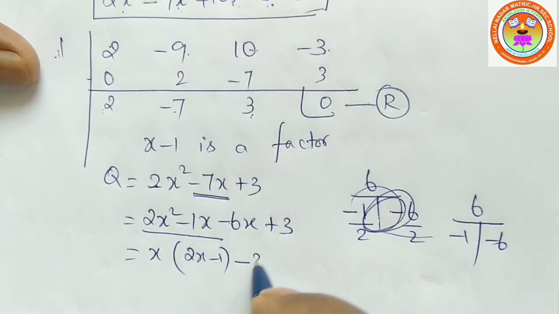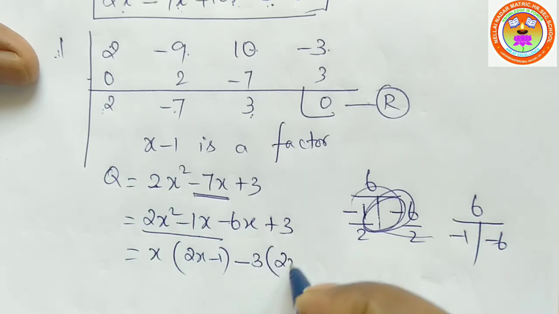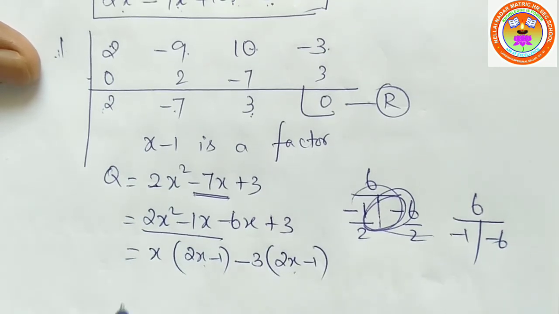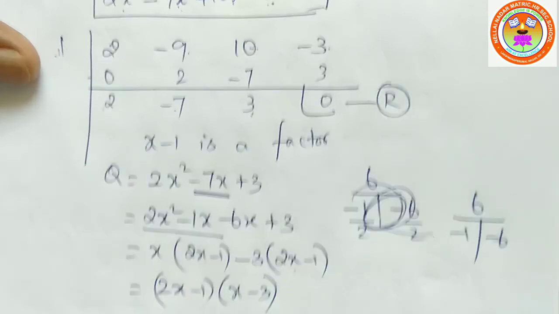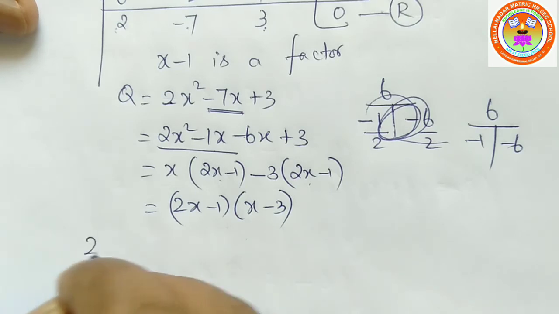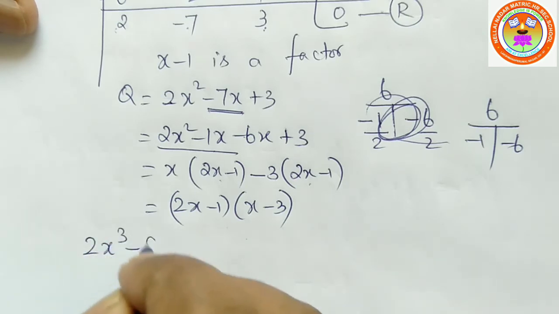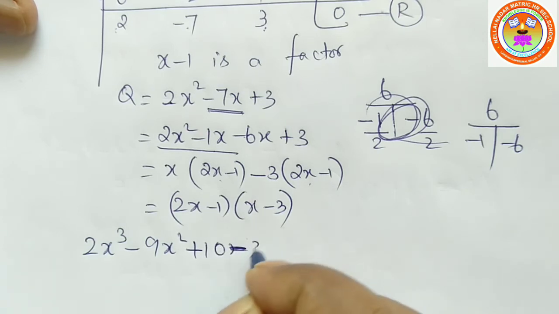Here minus 3 is common. If we take minus 3 outside, what is remaining? 2x minus 1. So 2x minus 1 is common. What is remaining? X minus 3. Right?